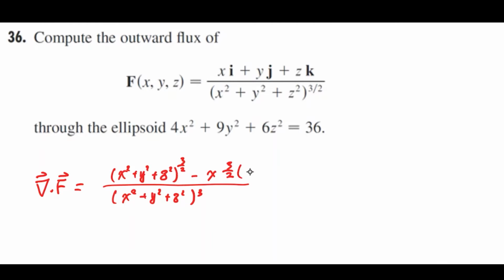Then we have x squared plus y squared plus z squared to the 1/2 power, and the chain rule, good, which is 2x. Okay, let me erase this thing and then say this is just the partial derivative with respect to x. Okay, so far so good.